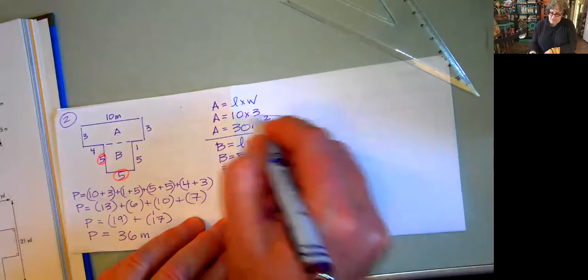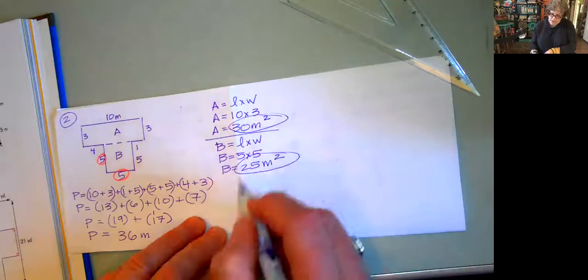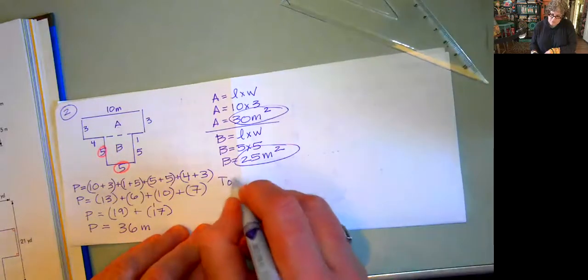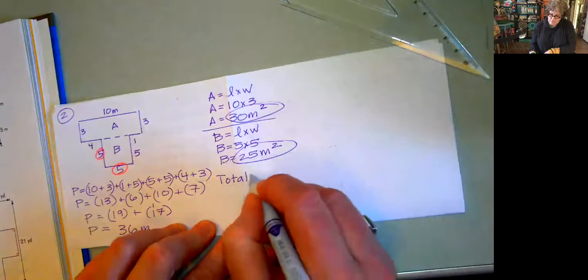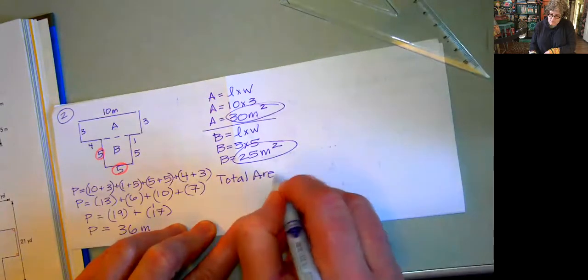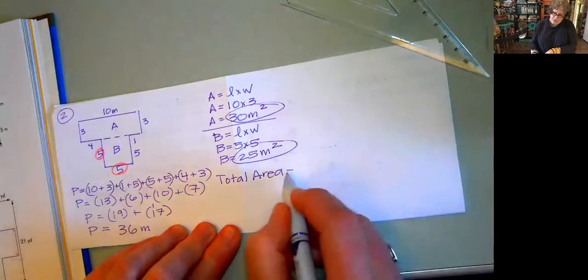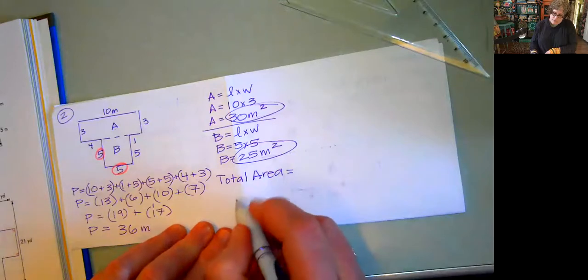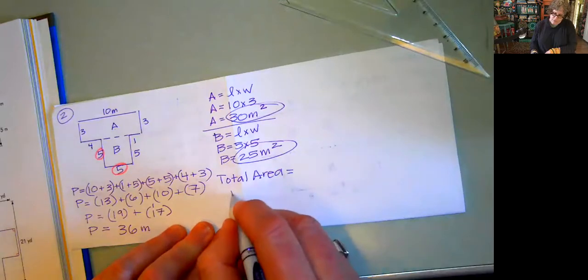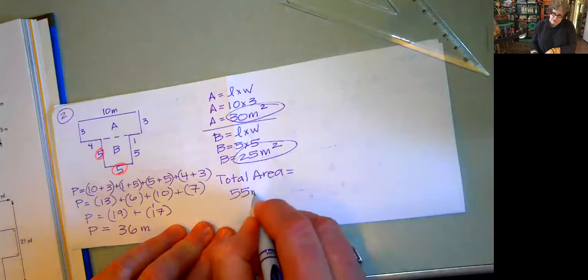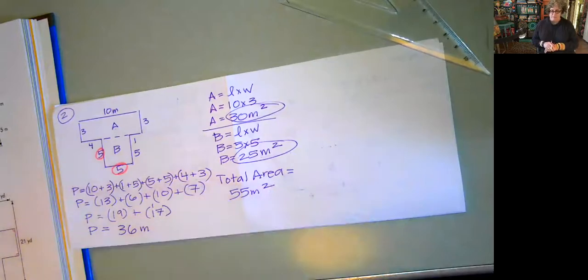So we're going to add this guy and this guy together to get the total. And that is going to equal 55 meters squared. All right, so that wasn't too tough. But wait, we have 2 more left.